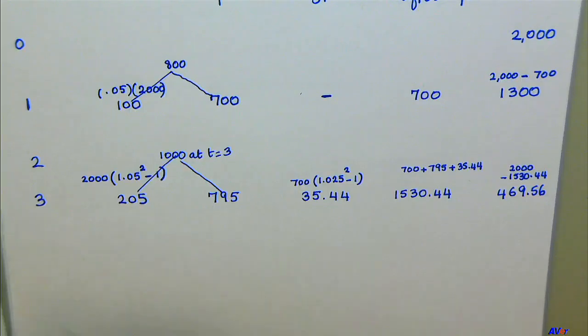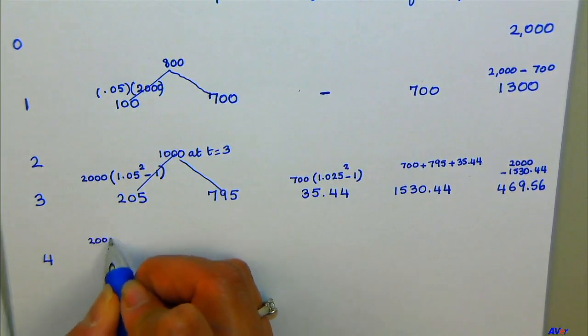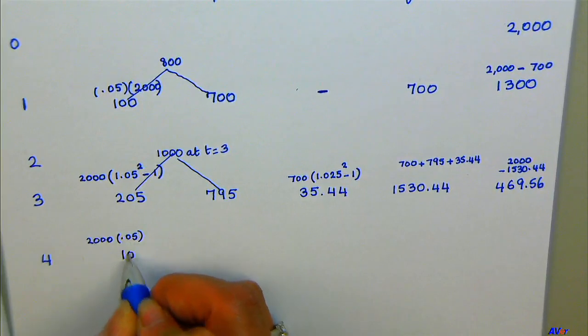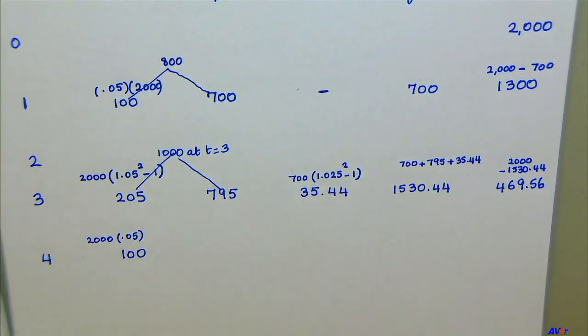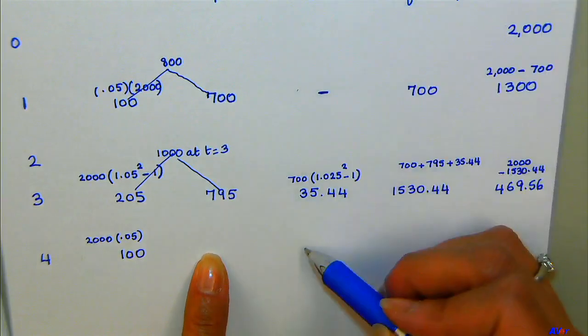Then you go to time 4. The loan is fully repaid at time 4. First, I've got to figure out how much to give mom back, I times L. So 2,000 times 0.05. I owe her $100 in interest payments. I don't know what I'm going to have to put into my sinking fund because they didn't tell me what the payment would be. What I do know is the interest on the sinking fund.